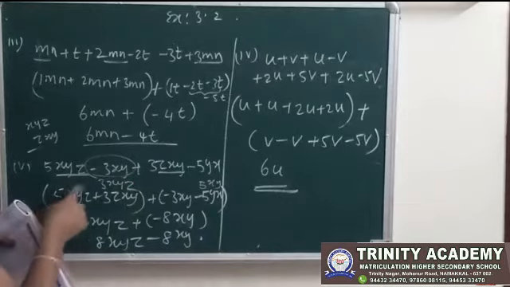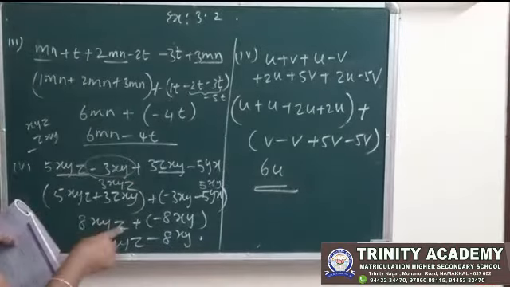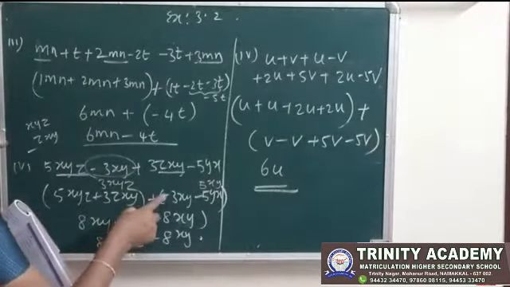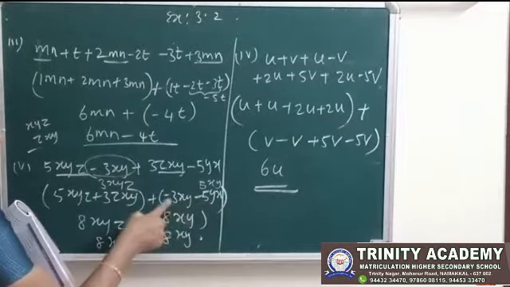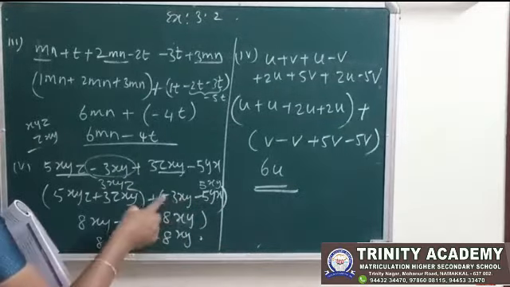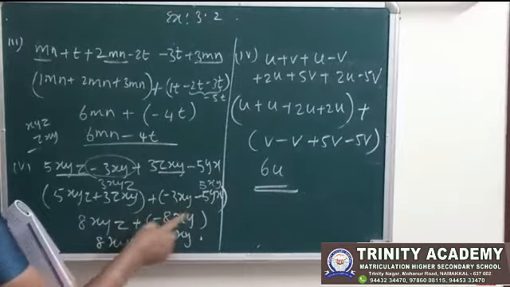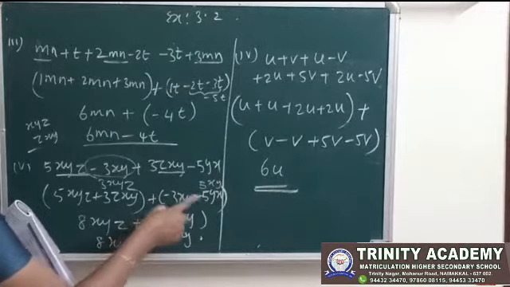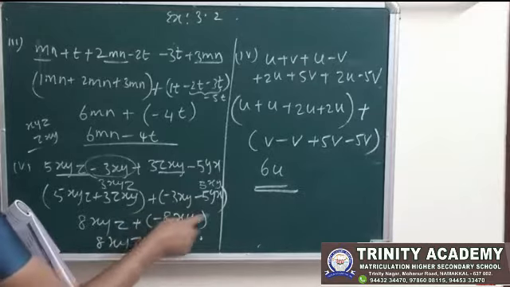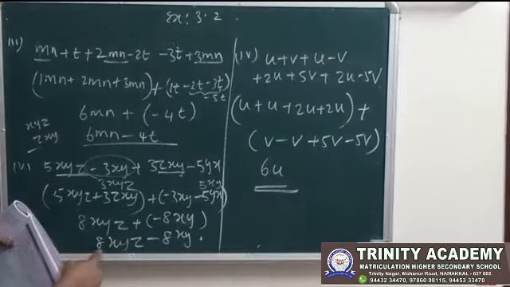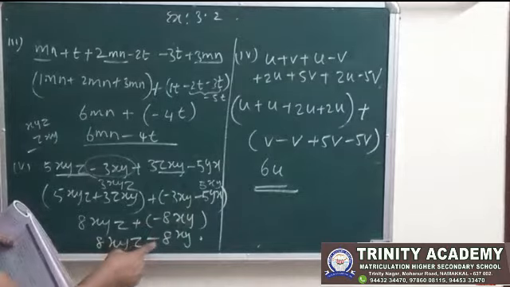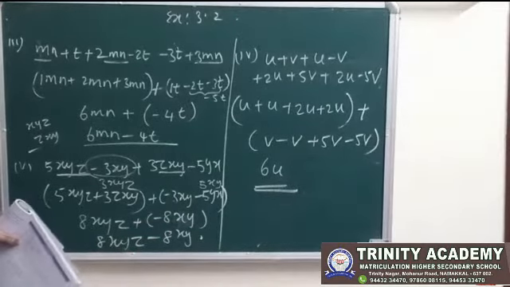Now see 5 plus 3 is 8, xyz plus, see here the two terms are minus, so put the same sign. Now we add this coefficient, minus 3 minus 5 is minus 8xy. So the answer is 8xyz plus into minus, minus 8xy.